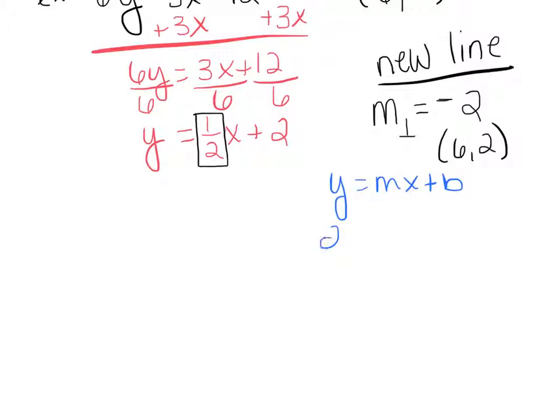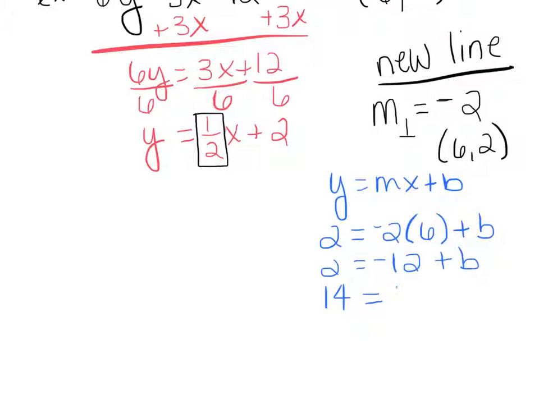So 2 is equal to negative 2 times 6 plus b. So 2 is equal to negative 12 plus b. And we get 14 is equal to b. So y is equal to negative 2x plus 14.